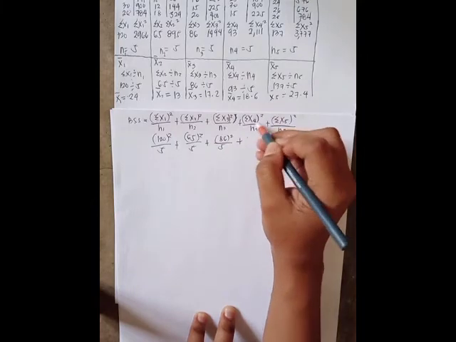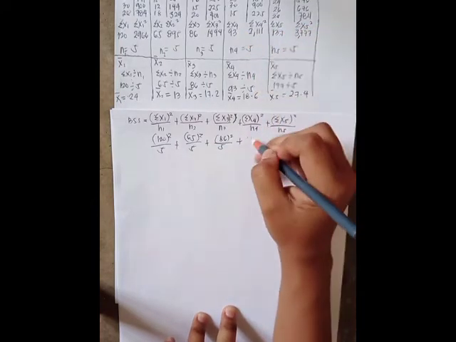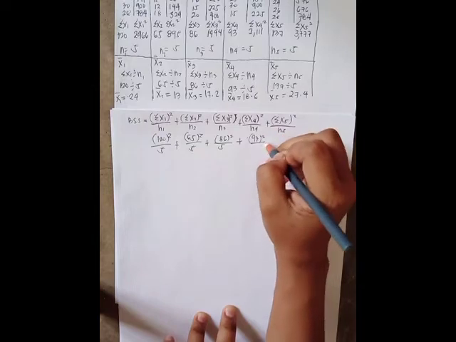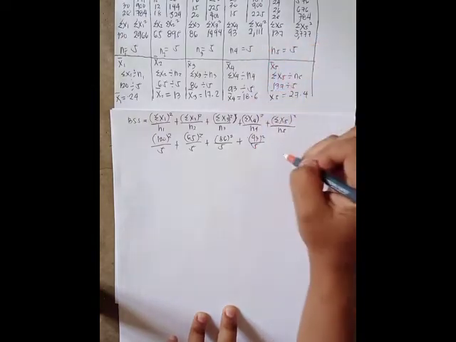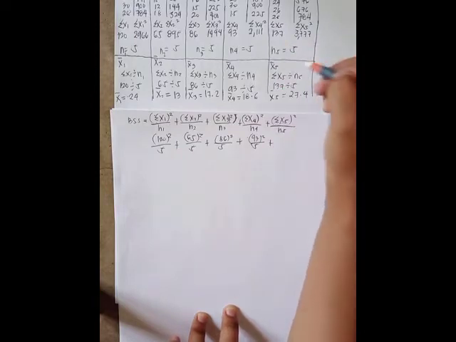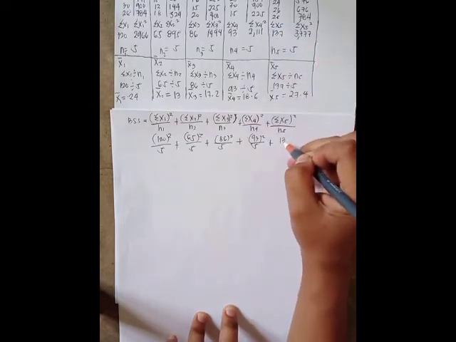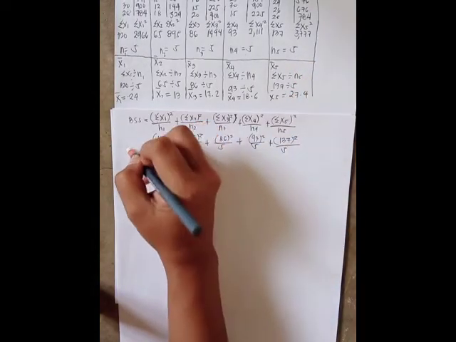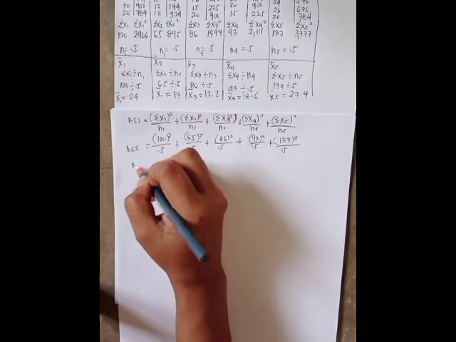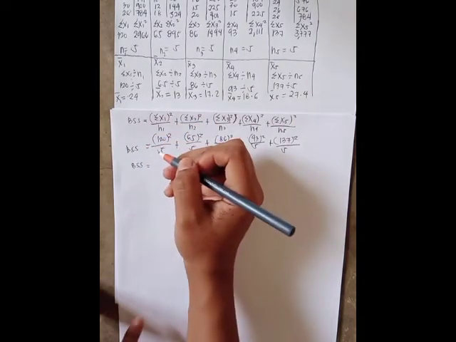Next is our sigma x4, 93, squared it, and divide it with our n4, which is 5. Lastly is the sigma x5, 137, squared it, and divide it with our n5, which is 5. Our between sum of square.